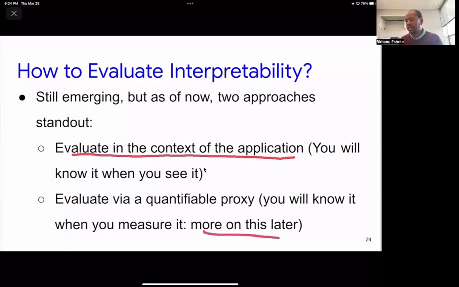And I'll be saying more about this. But in general, we have two approaches: evaluating in the context of the application, or evaluating through some quantifiable proxy that seems to capture the quality of the interpretability.